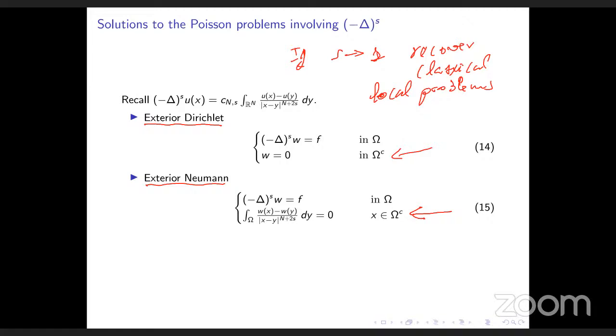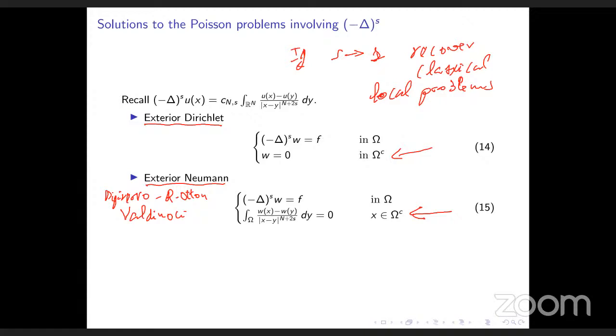So this was introduced by Dipierro, Ros-Oton, and Valdinoci. Kind of exterior Neumann boundary condition.